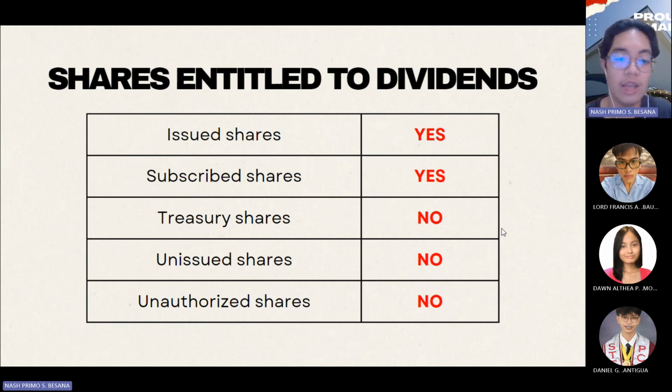But ang hindi included sa entitlement sa dividends is treasury shares dahil sa reason na sa company naman kasi yung treasury shares, nasa kanila na yun. So, it would be illogical na paswelduhin nila yung sarili nila kapag treasury shares tas bibigyan ng dividends. Hindi siya parang walang logic behind it. And then of course, kapag unissued and unauthorized yung shares, wala din silang dividends.